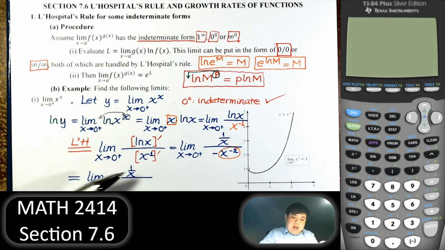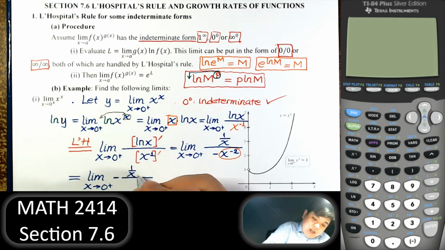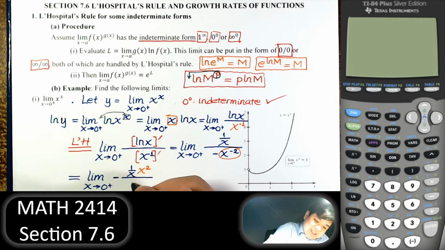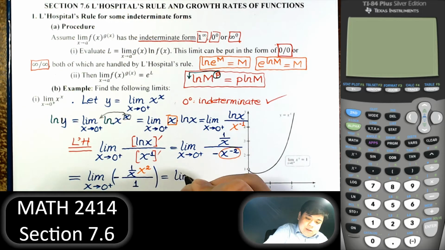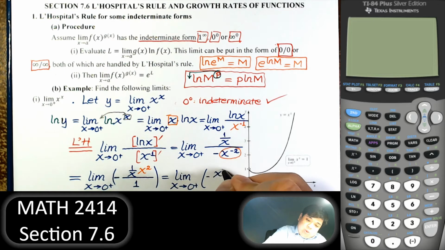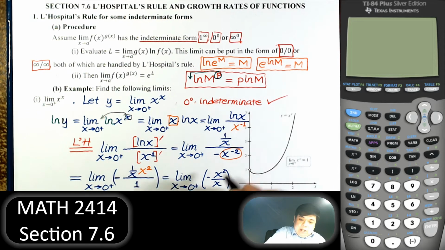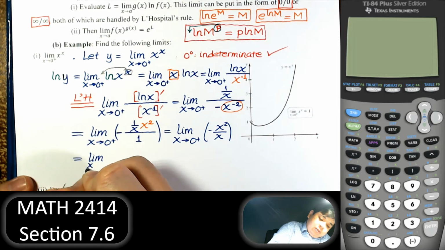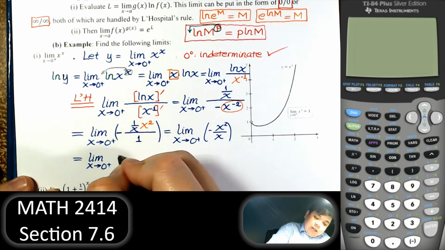If we just move that to the top, it's negative for sure, and that becomes x squared, and then there's nothing at the bottom. Right, x squared over x and negative, so we just have negative x squared over x, and x squared over x cancel out, and so we have negative x.